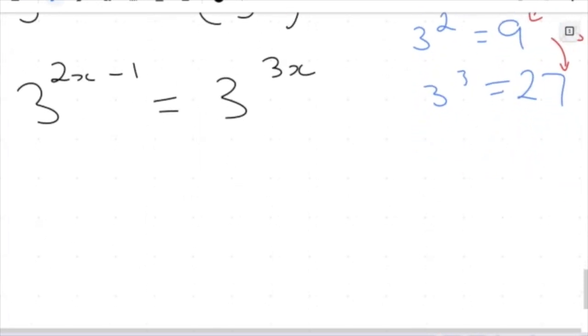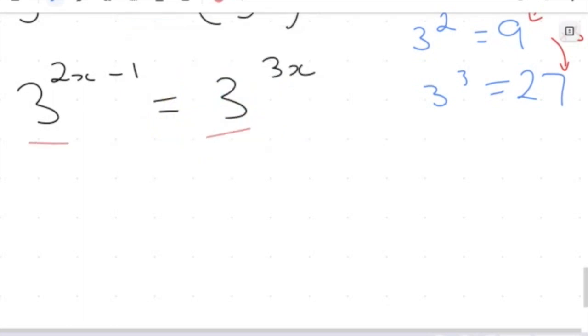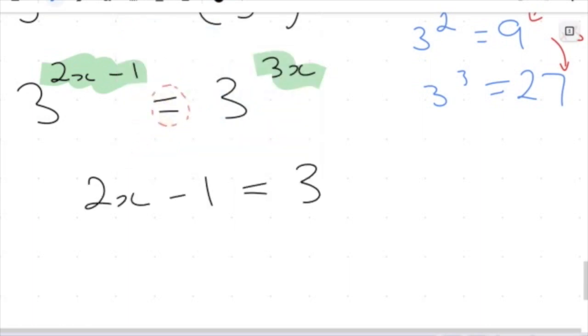And now I have these as two expressions with the same base number of 3, left and right. Now, because we have the same base number, the only way these two can be equal is if my powers are equal. Therefore, we can say that 2x minus 1 is going to be equal to 3x.